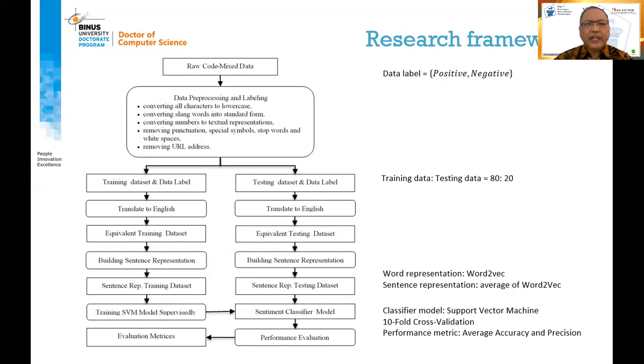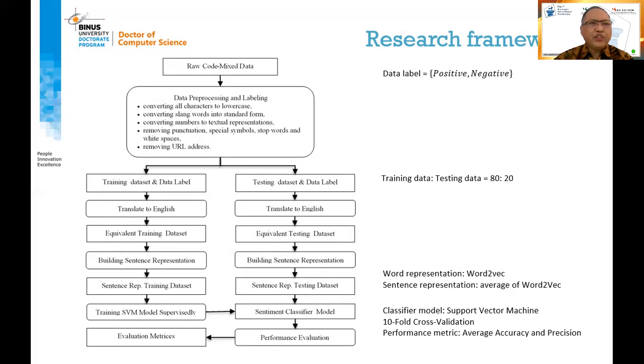The first part is called training data, and the other is the testing data set, with the proportion 80 to 20. Both training data set and testing data set are then translated to English using machine translation to produce equivalent data sets in English.